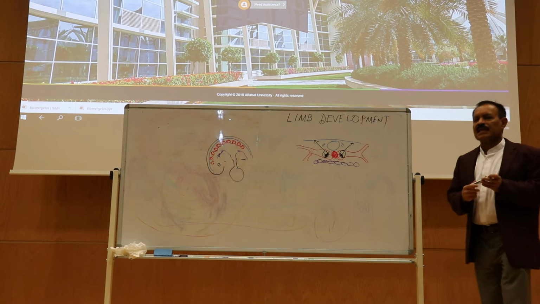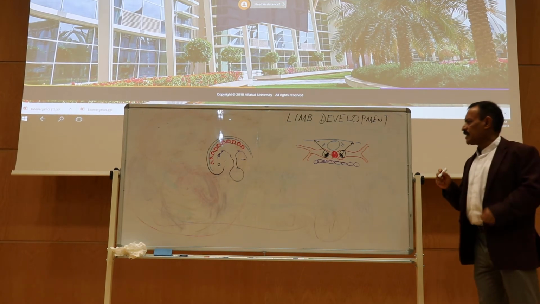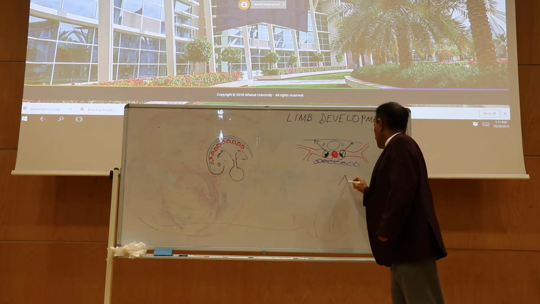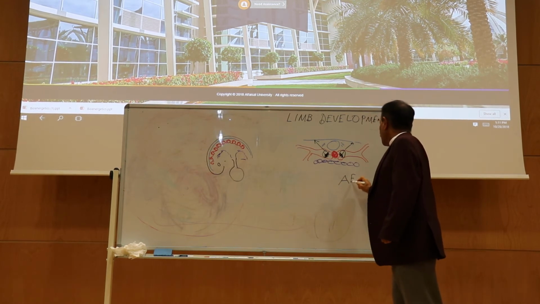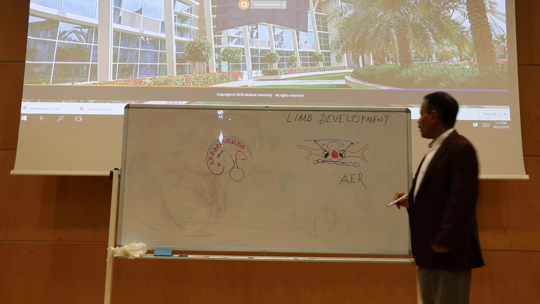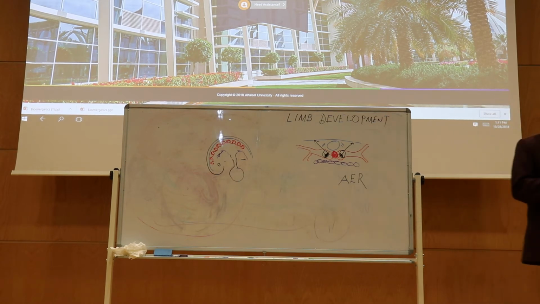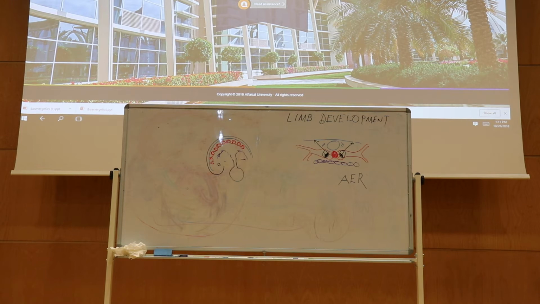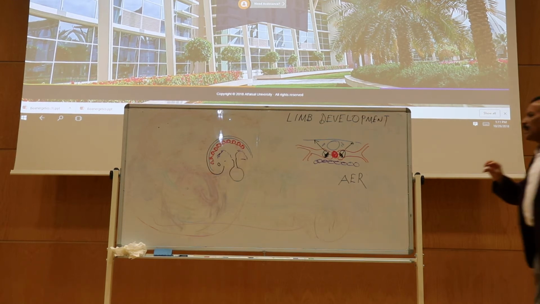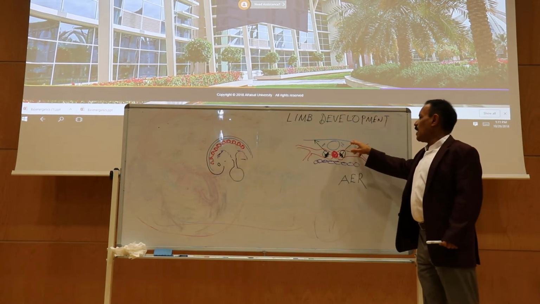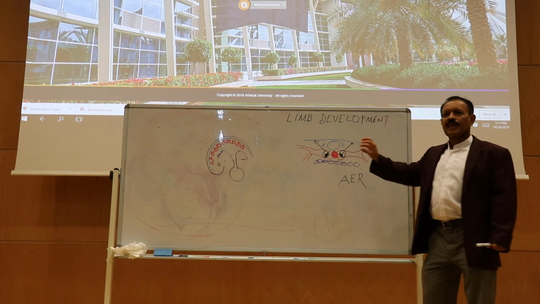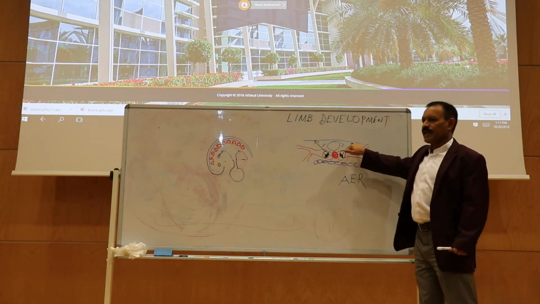okay, there is a special name. You have to underline that name, and it is called apical ectodermal ridge. Very important. AER. What is that? Apical ectodermal ridge. When it touches over there, which will touch the myotome and the dermatome, that basically is moving, and something is happening over here.